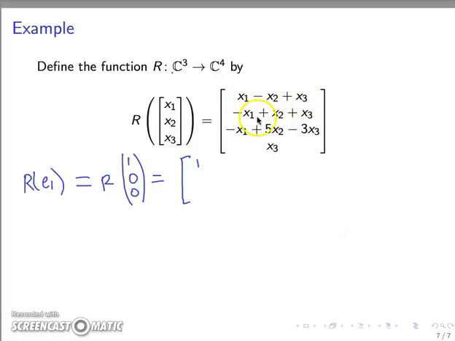Here we have 1, then minus 1 plus 0 plus 0, and then minus 1 plus 0 minus 0, and then x3, which is 0. That gives us a vector in C4. We're simply substituting there.